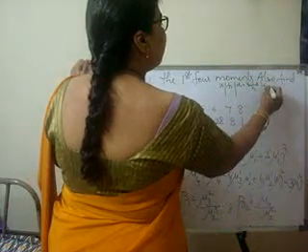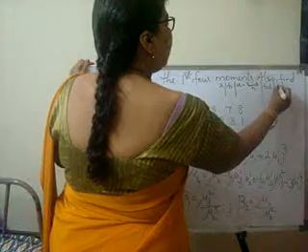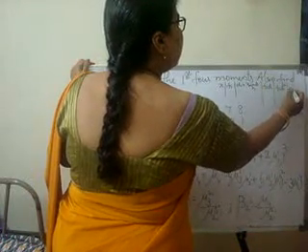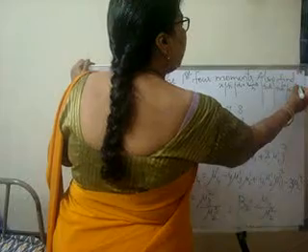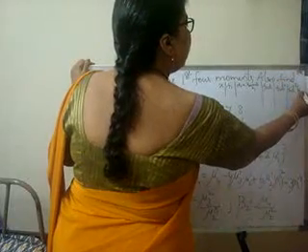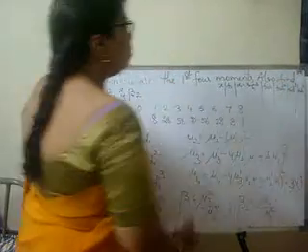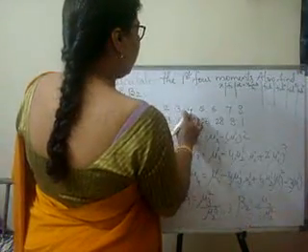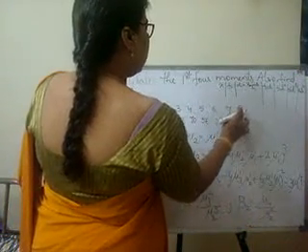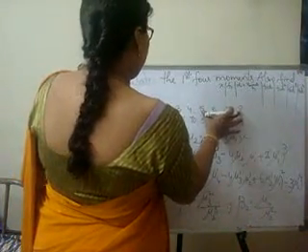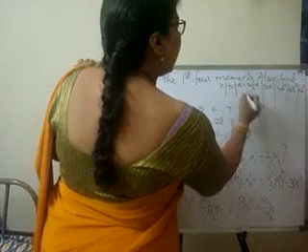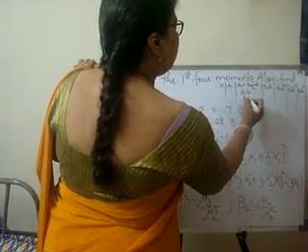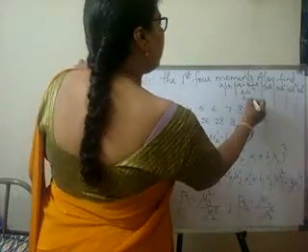Then you find out fi di square, fi di cube, and fi di power 4. So here what is your a? 1, 2, 3, 4, 5, 6, 7, 8, 9, the middle is 5, and your a is equal to 5, h is equal to, the difference is 1.